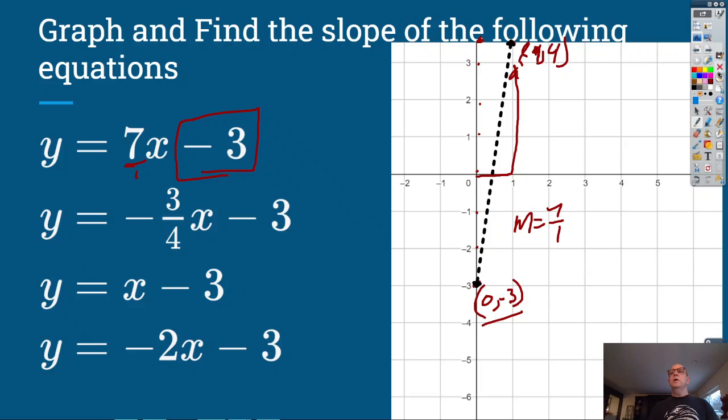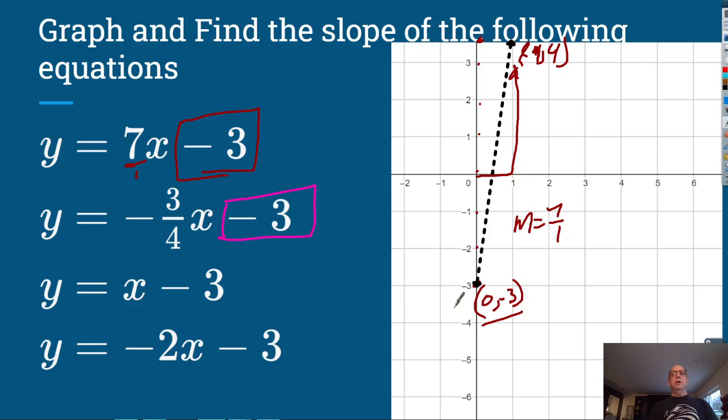Right. So let's put the other lines on this graph. This one is y equals negative 3/4 x minus 3. So I have the same intercept here, but now I have a slope of negative 3/4. So I go down 1, 2, 3, and over 1, 2, 3, 4 to this point, which is 4, -6.